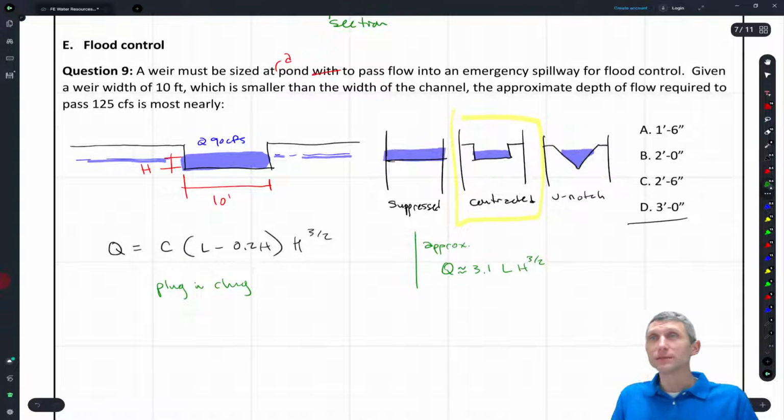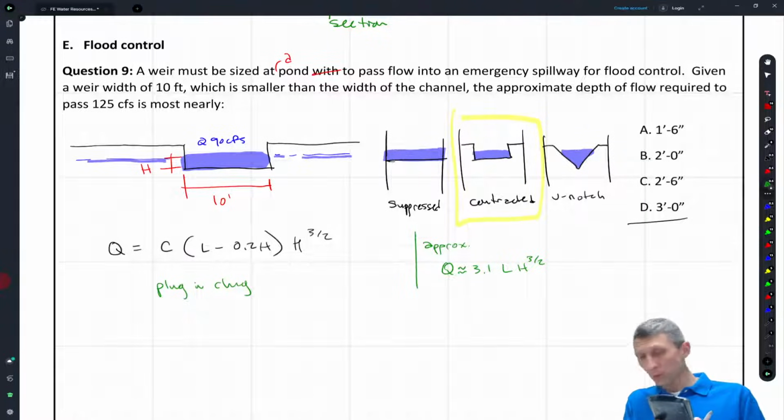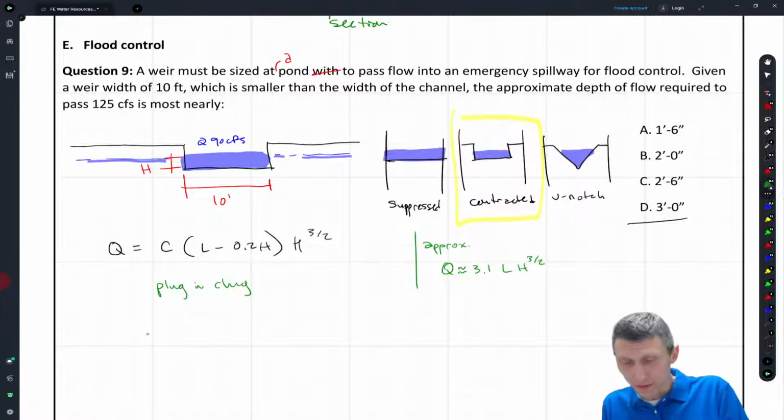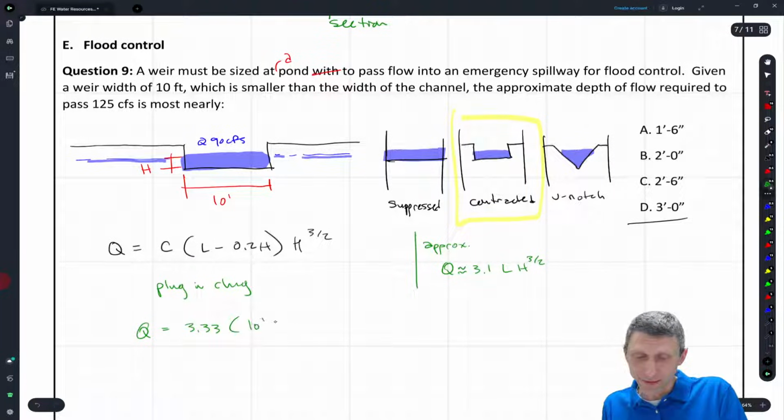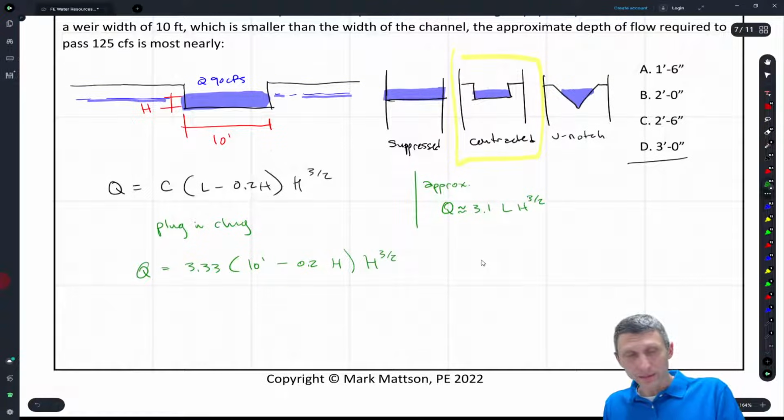What I'm going to do is stick it in my calculator once. So Q equals 3.33 times (10 feet minus 0.2 times H) times H to the 3 halves. I'm going to plug this in and see what Q I get for each of these heights.